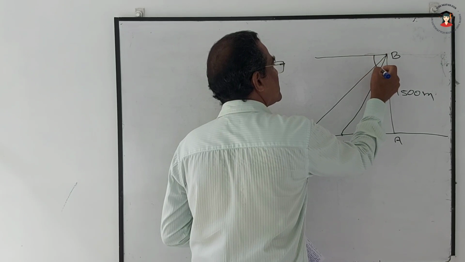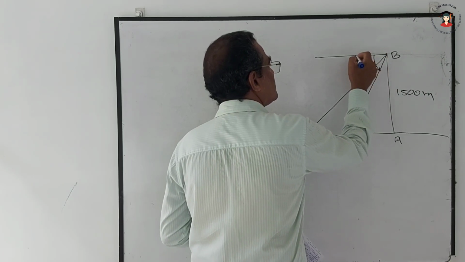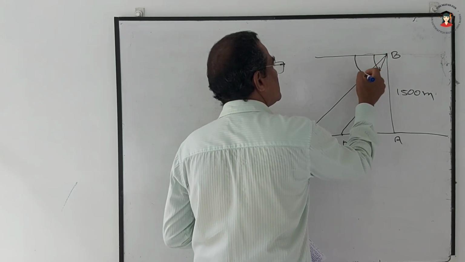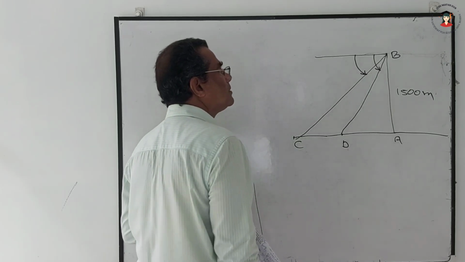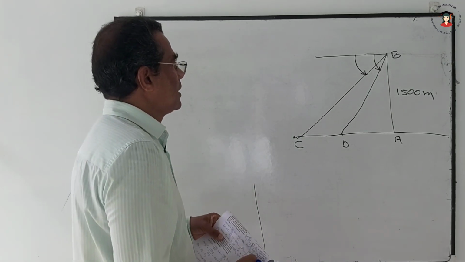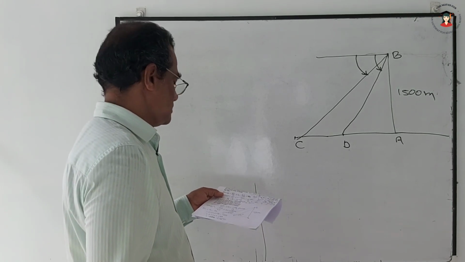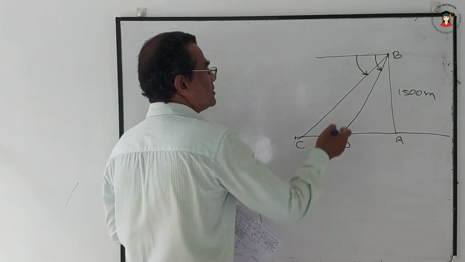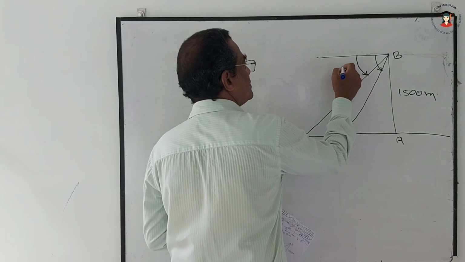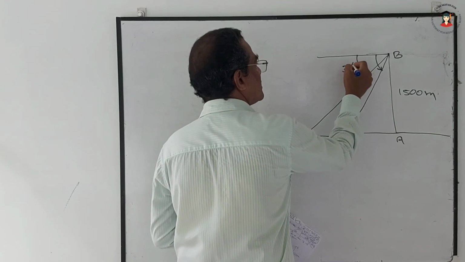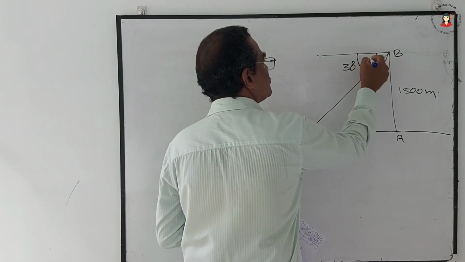The angle of depression from the aeroplane are 45 degree and 30 degree. So naturally this should be 30 degree because it is lesser, and this is 45 degree.